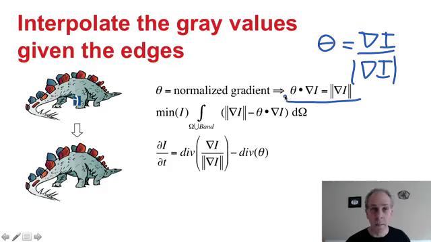Somebody gave us the gradient. And if you plug that in here, you get gradient squared divided by gradient, which is equal to gradient. The goal now is to find an image inside the region to be inpainted that is consistent with this gradient. And we do that in a variational formulation.